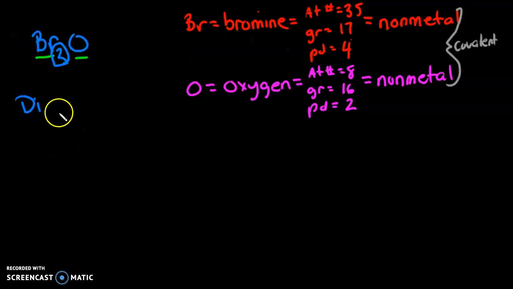I leave the first element as it is, so that stays as bromine. So dibromine. And then, again, I don't see the number here, but I know there would be a 1 because it's listed. It is the second element, so I will be using mono. But I have to remember that other rule.